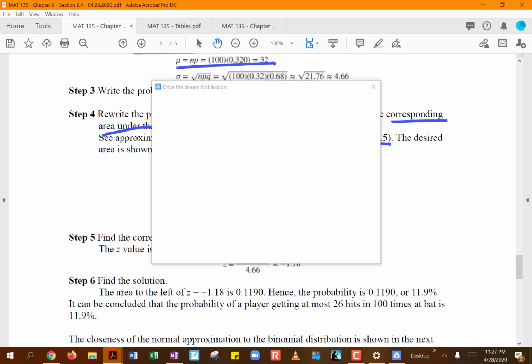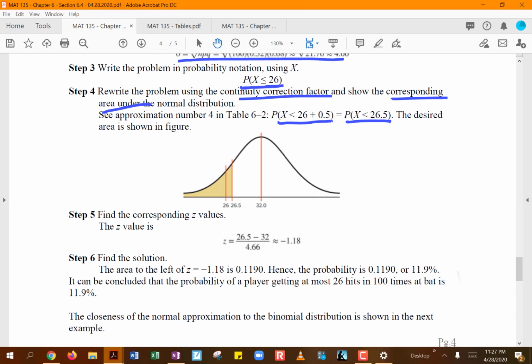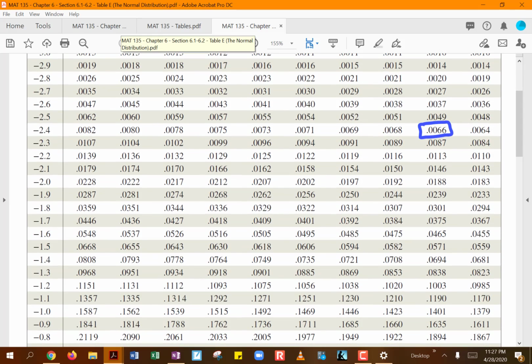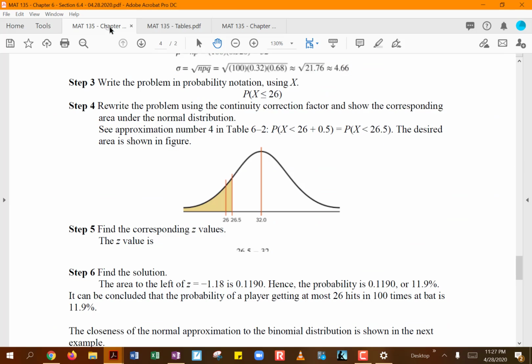So let's go ahead and find our z value for 26.5, and that z value comes out to be negative 1.18. So negative 1.18 is going to give us the probability of 0.1190.